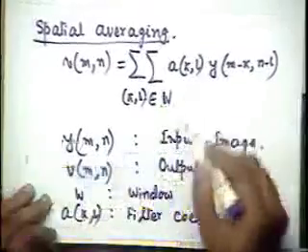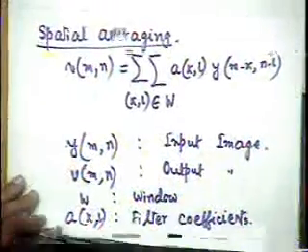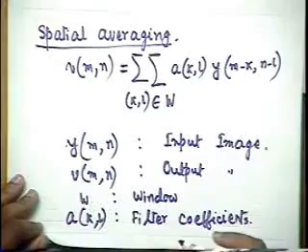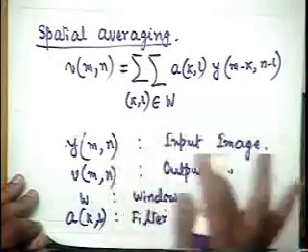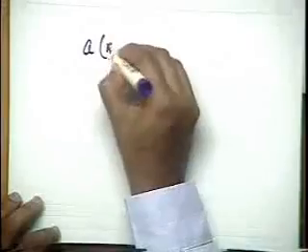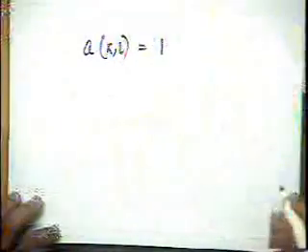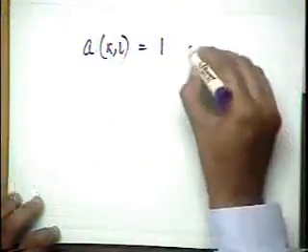I go back to this equation, and you assume that all the filter coefficients are equal to 1 over this entire area W. So that means to say, consider that a(k,l) is equal to 1 over the window W.